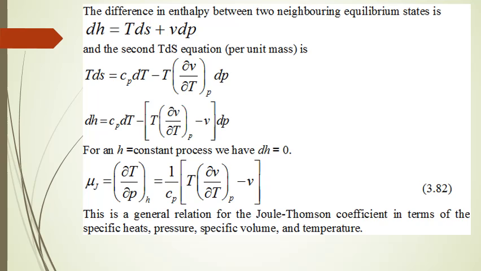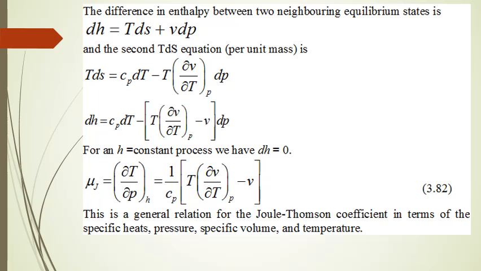And the second TdS equation per unit mass is TdS is equal to Cp minus T into del V upon del T at constant pressure, into dP. Now dH is equal to Cp minus T into del V upon del T at constant pressure, minus V, into dP. Now for a constant enthalpy process, we will say dH is equal to 0.